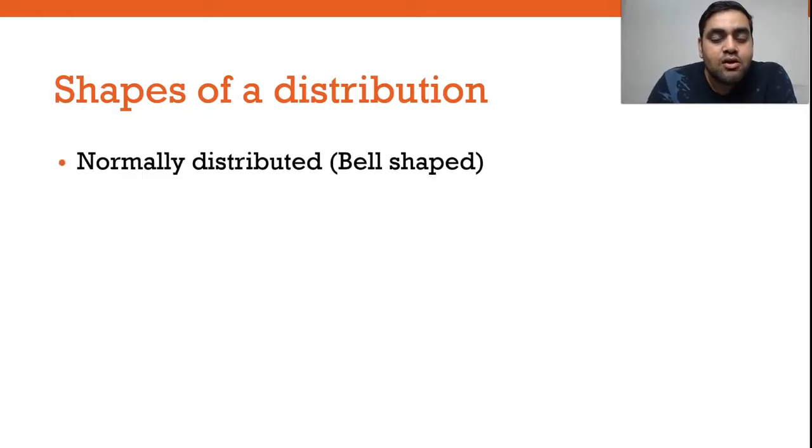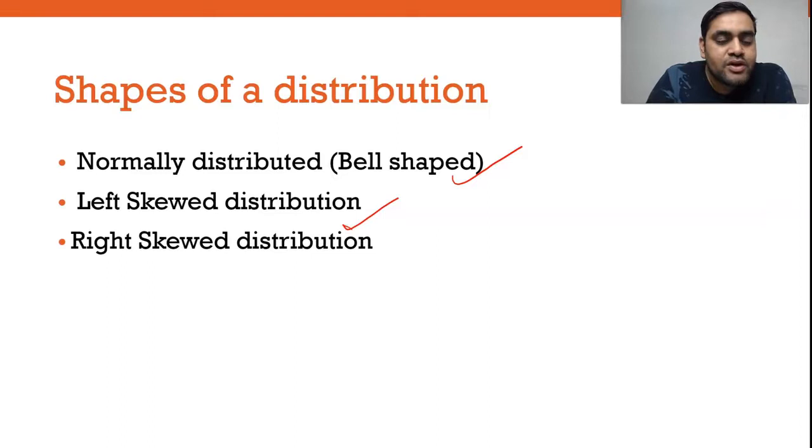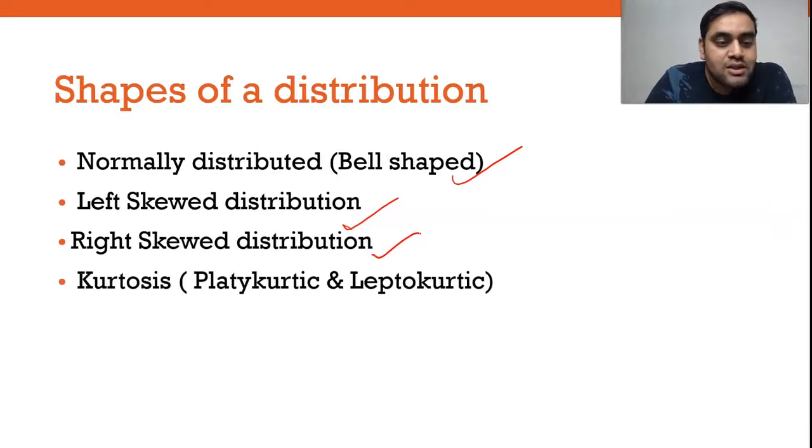The first is the normally distributed data, which is called the bell shaped data. The second is the left skewed distribution, so data which is skewed in nature. I'll discuss skewness and kurtosis in some other session. Right now, I'll just give you a brief overview. The third is the right skewed distribution, and the fourth one is called kurtosis.